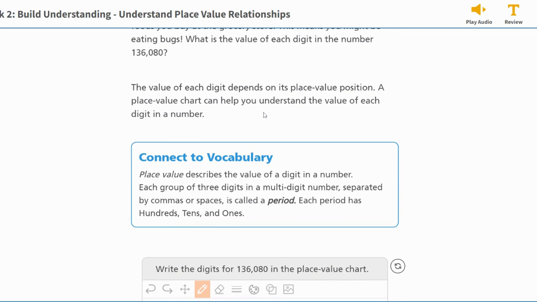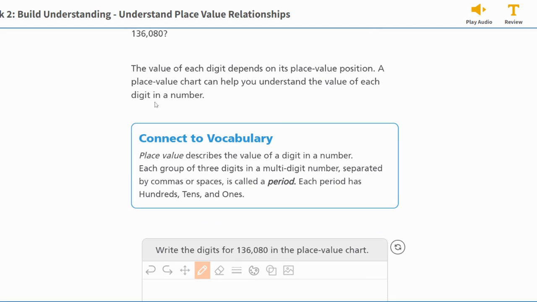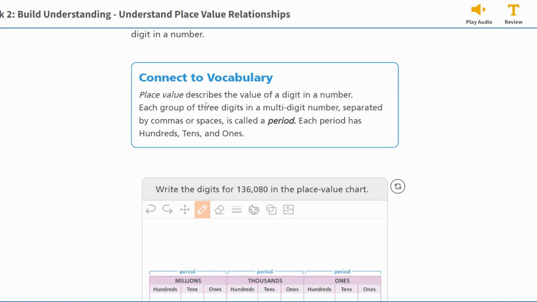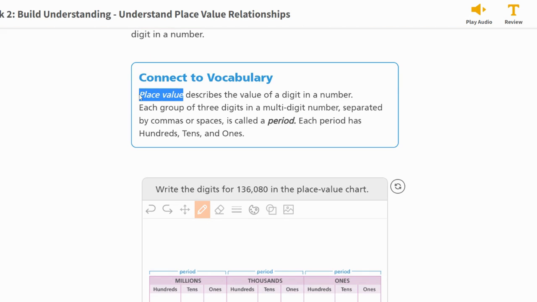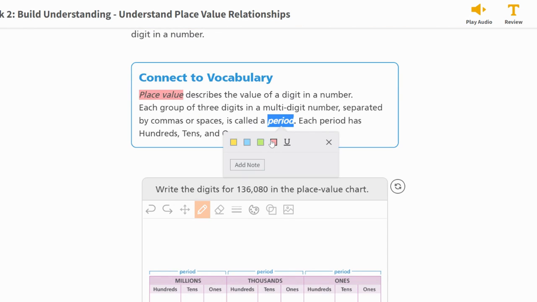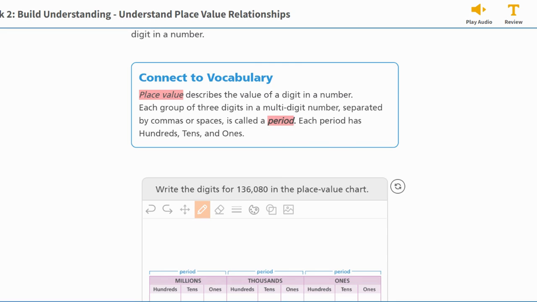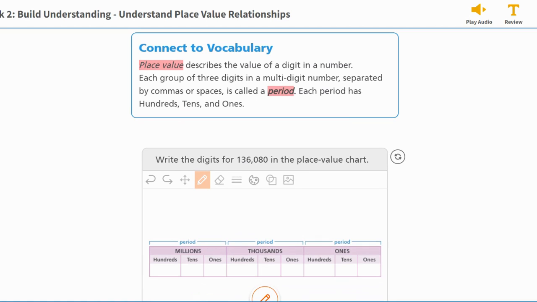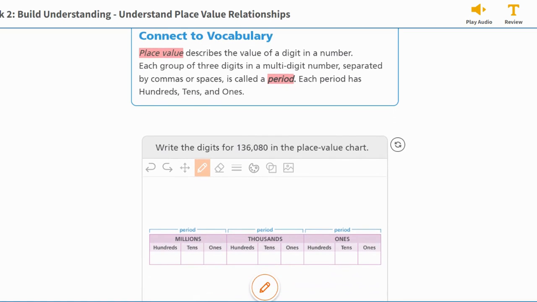Using a place value chart can help you understand the value of each digit in a number. Place value is a vocabulary word, and so is the word period. Place value describes the value of a digit in a number. Each group of 3 numbers in a multi-digit number separated by commas or spaces is called a period.